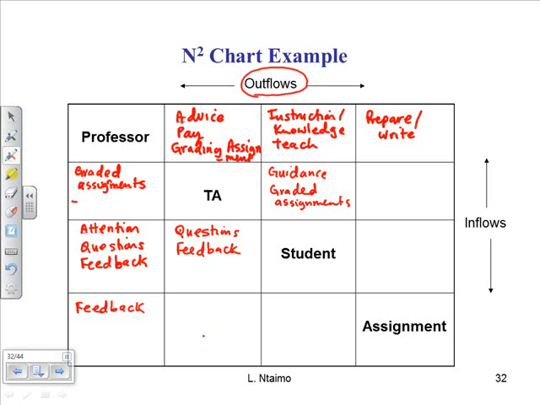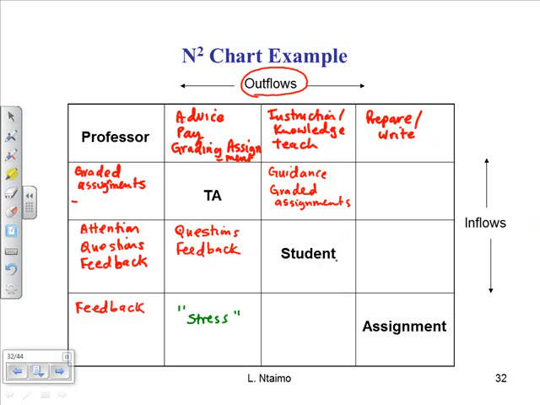Yang, you want to say something? No? You don't want to put anything here? Okay. He said that the assignment can give the TA stress. Well, that's a good one, right?